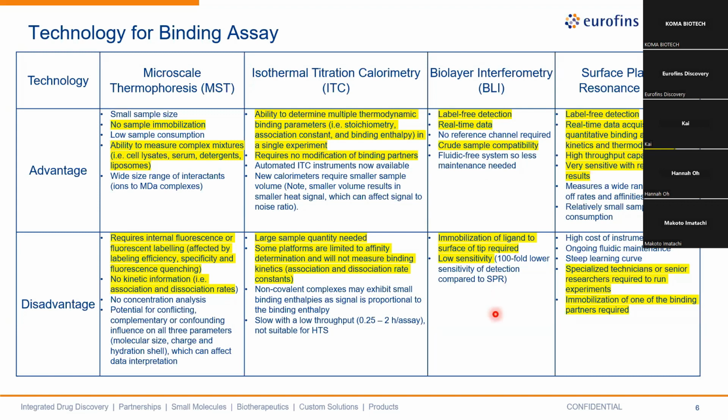But for BLI, the problem is that you have a low sensitivity. It's about 100-fold lower than the SPR. So it's also measured based on the molecular weight. For small molecules, you cannot do BLI at all, and for large molecules, the signal to noise is not as good as well. And you also need to immobilize the ligand, one of the binding partners, to the surface chip.